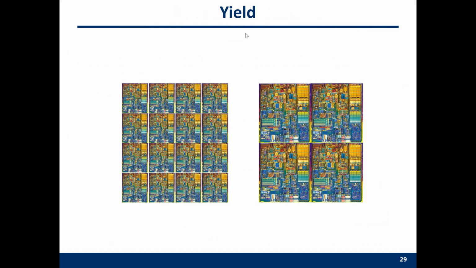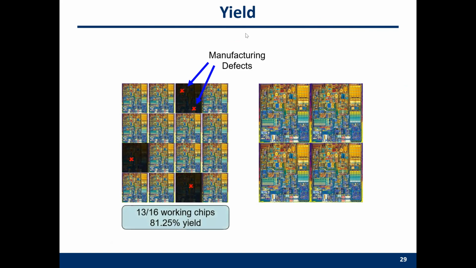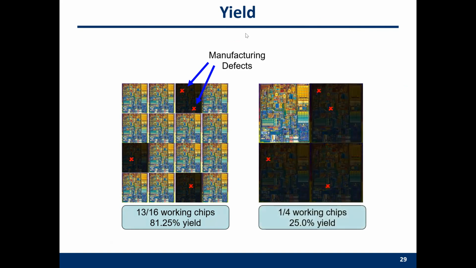Besides the die prices, you also have to consider the defects. When we do the fabrication, the die will have some defects. Assume we have the same defects in the same position.